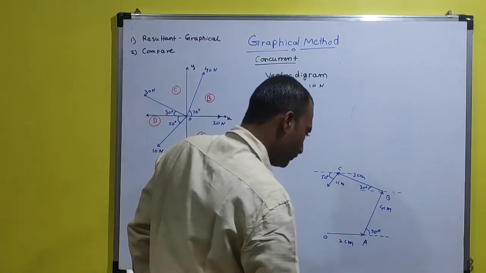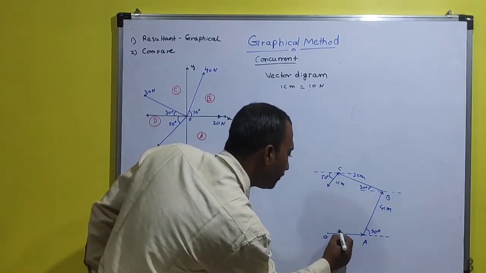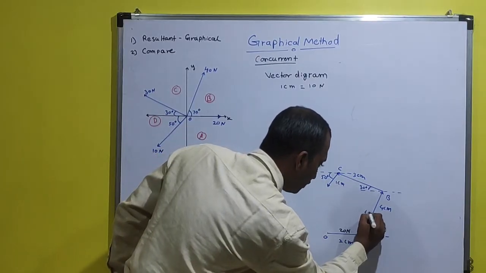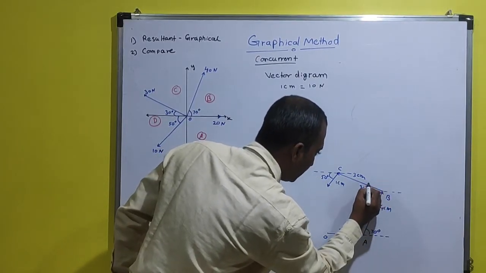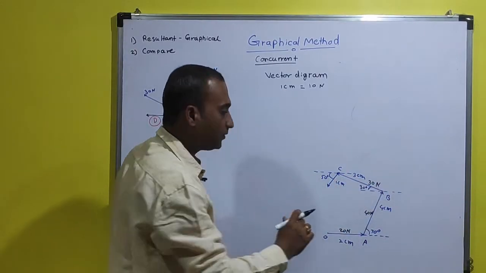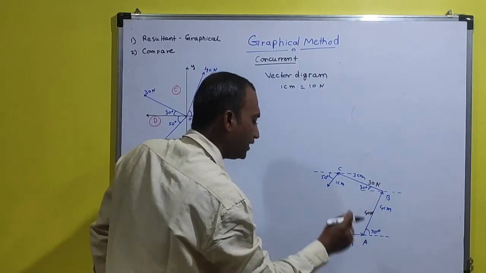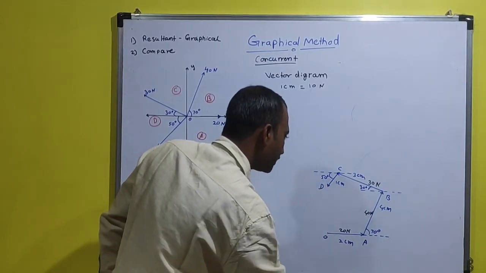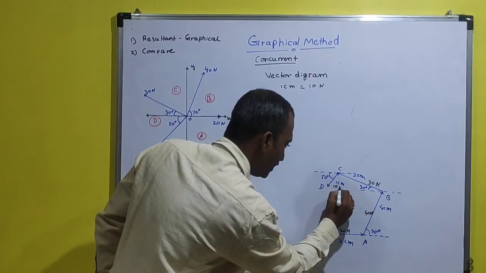Now here we know this OA will be 20 Newton force, it is 40 Newton, then BC will be 30 Newton, and CD will be of 10 Newton force.